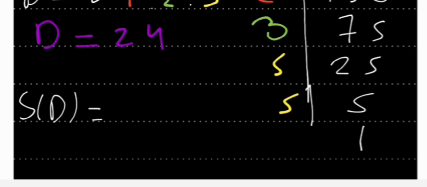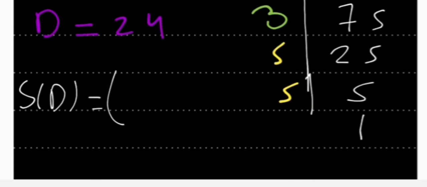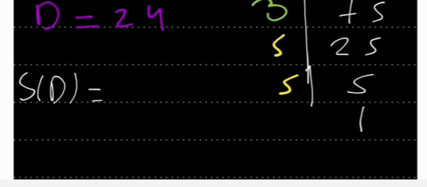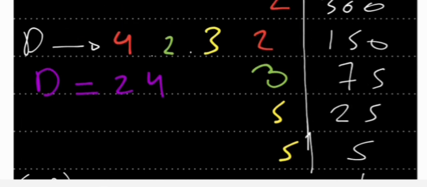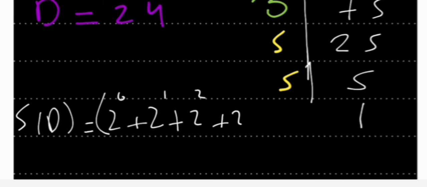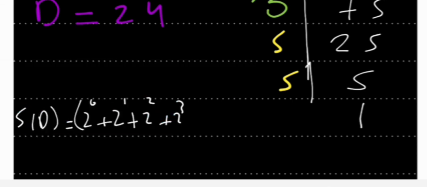So look, what we are going to have, the sum is, let us just write it a bit down just here. The sum of D is equal to, well, we have it until 2 to the 3, so we can have 2 to the 0 plus 2 to the 1 plus 2 to the second plus 2 to the 3, right? So we can have this.